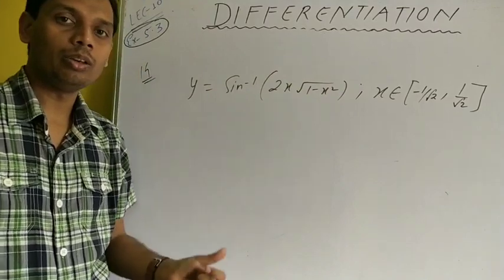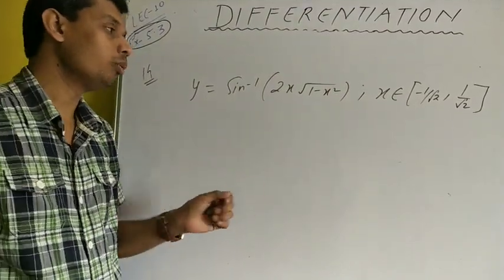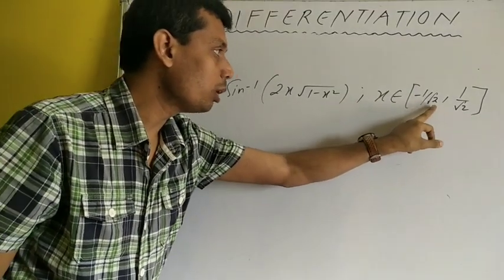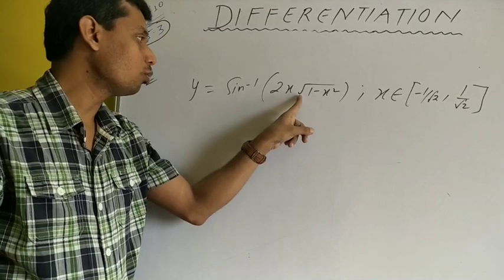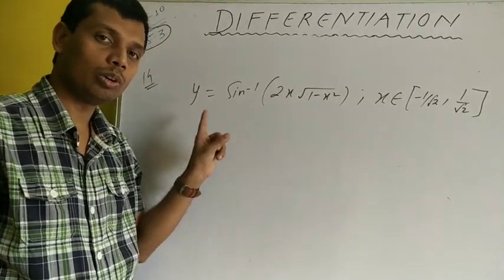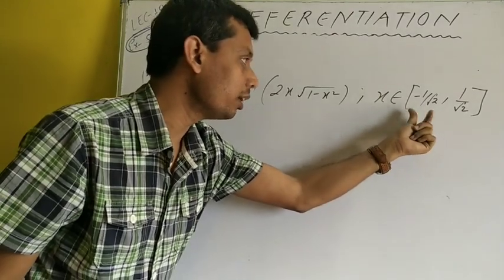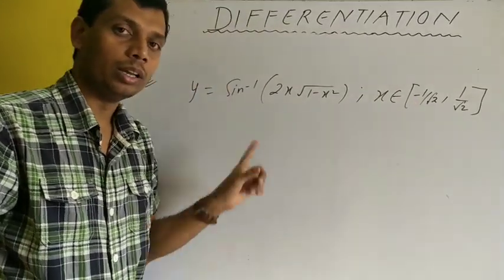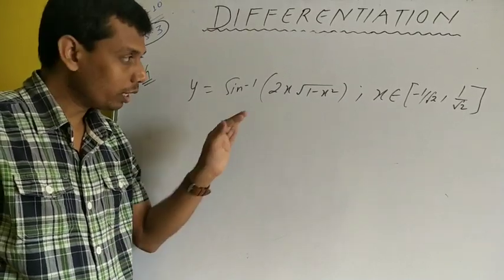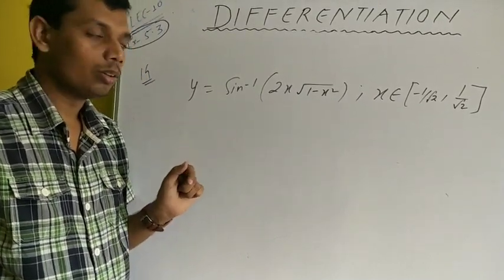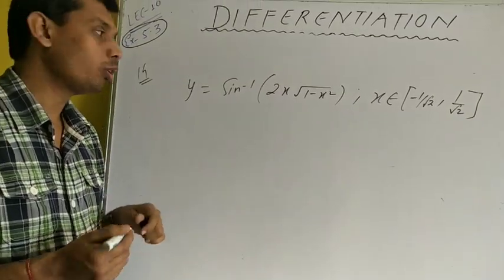When I was explaining inverse trigonometrical functions, I explained that if x belongs to minus 1 by root 2 to plus 1 by root 2, then sine inverse of 2x root over (1 minus x square) is equal to twice sine inverse x. At the same time, if we change this interval to 1 by root 2 to 1, this will be equal to twice cos inverse x. So the interval has significance.